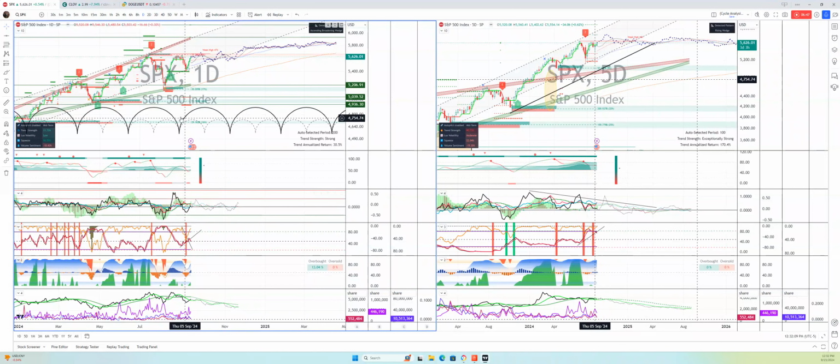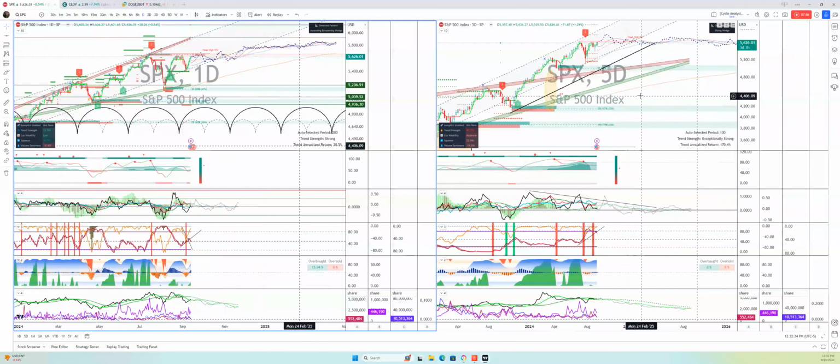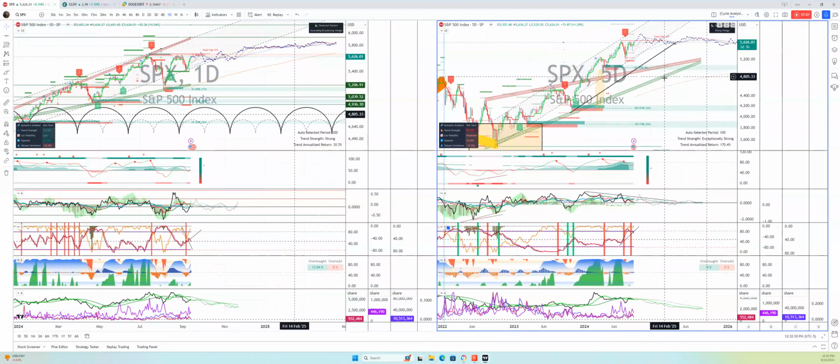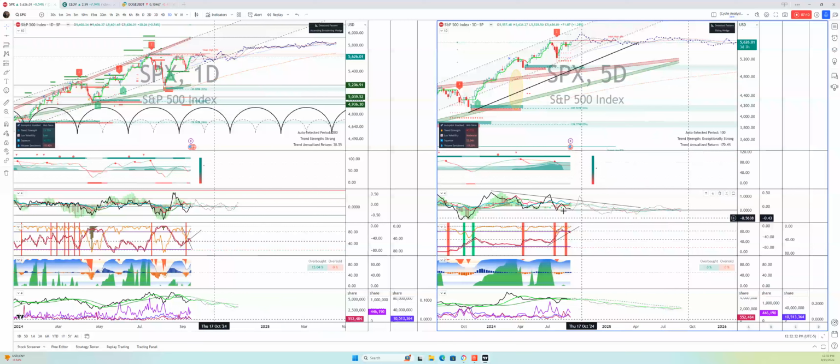But this right here looks like a distribution area. It looks like a topping phase to me. There's no signs of that. There's a bottoming phase coming in according to the algos right here. They're saying it wants to bounce and then turn around.